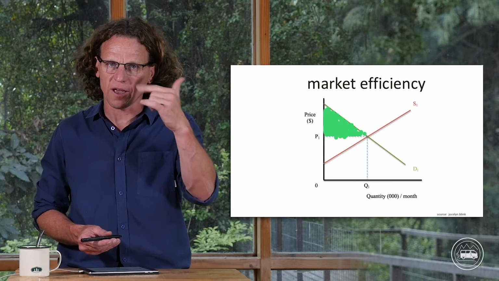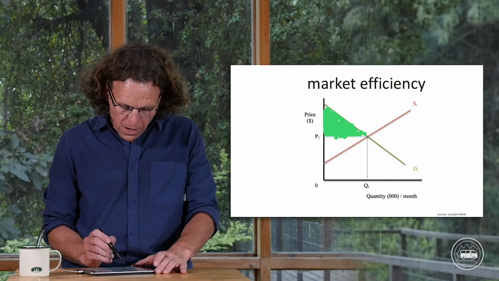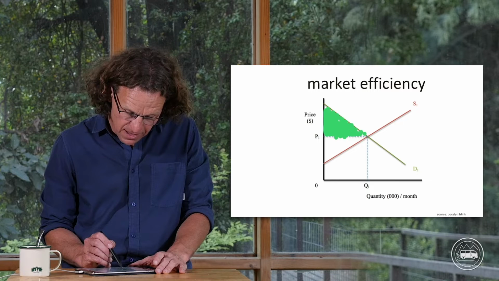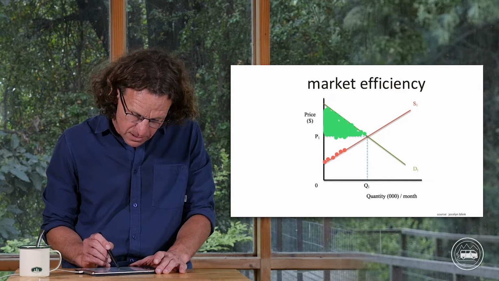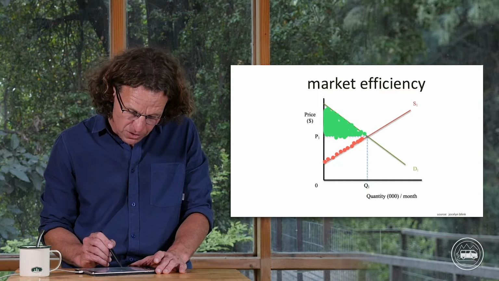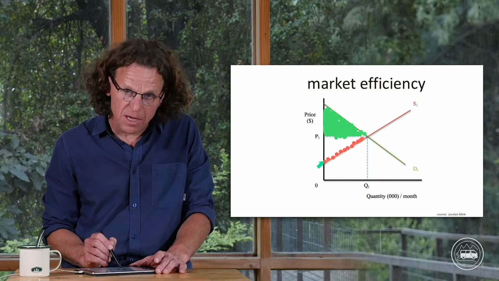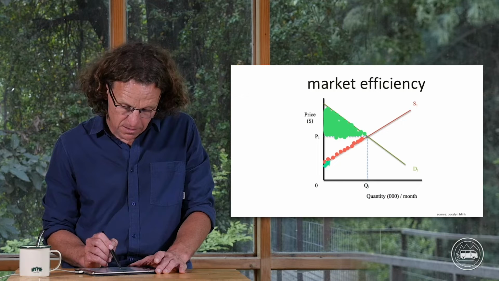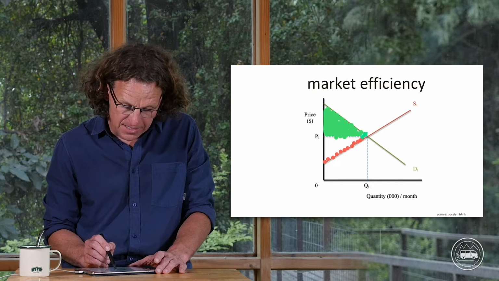You got that? Okay, now back to the diagram. Well, what about the other side of the story, the producers? Well, take a look at the line. Remember I told you this isn't actually a line, it's a series of data points. What do these represent? These represent real people, real producers, who would have accepted a lower price, maybe $5 for the ring, but they got 10. They got 10. Would have taken 6, 7, 8, 9, but they got 10.